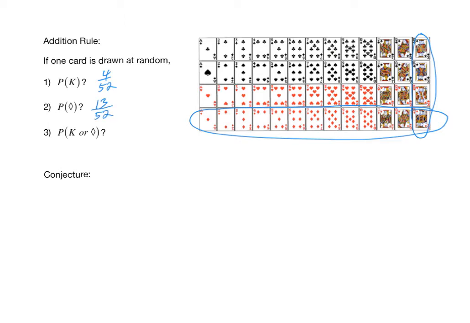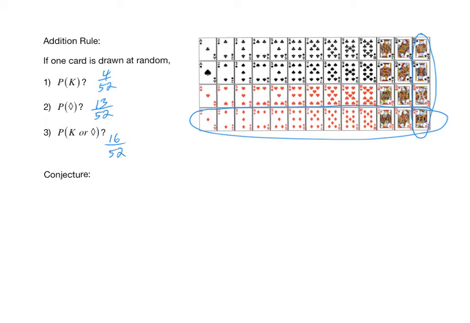Now, just like on the previous screen, what's the probability of getting a king or a diamond? If you draw one card from the deck at random, you have 1, 2, 3, 4, 5, 6, 7, 8, 9, 10, 11, 12, 13, 14, 15, 16 desired outcomes out of 52. So there's a 16 in 52 chance that you will get a king or a diamond when you draw one card at random from the deck.